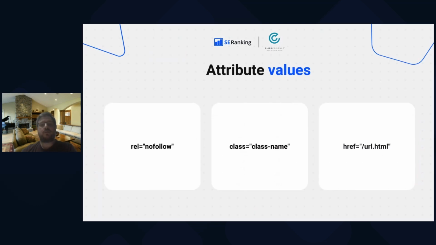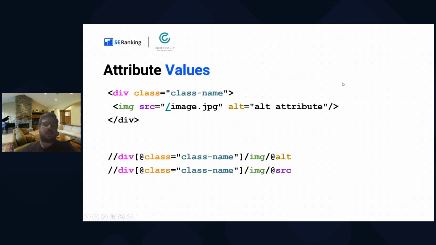So we can also extract attribute values. Again, we've gone back to this list. So we've got your nofollow attributes, your class names, your link URLs. But say in this example, we want to get the alt text of every image on a page, and the image URLs for every image on a page.